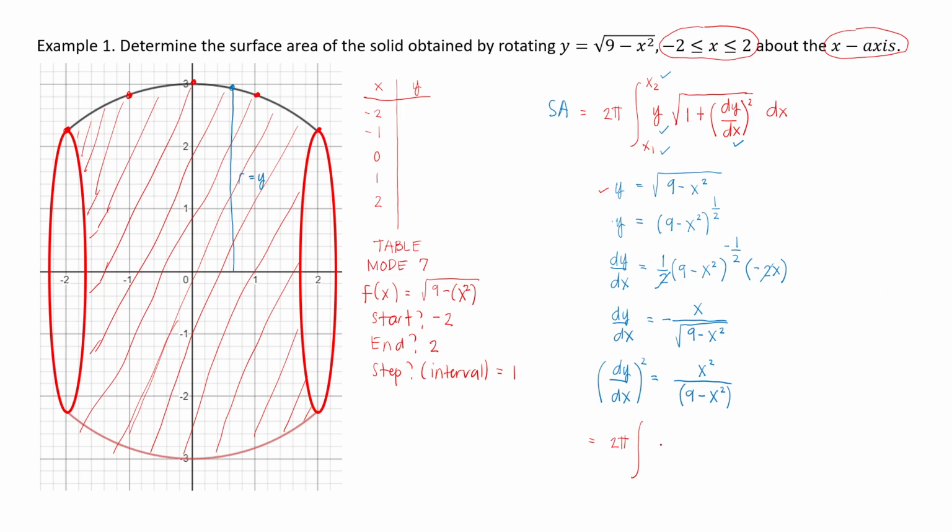So you're going to have the square root of 9 minus x squared, then times the square root of 1 plus x squared over 9 minus x squared dx from negative 2 to 2. So again, you can just plug this one in your calculator, but for me, I want to simplify this one because it can be simplified.